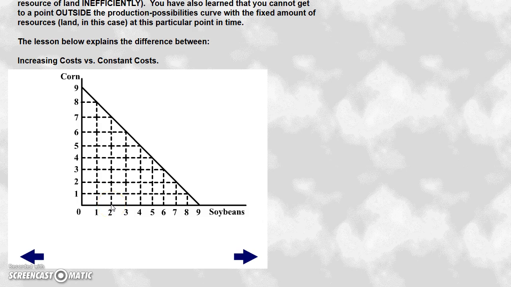So when you shift from 2 bushels of soybeans to 3, the opportunity cost is 1, because 7 minus 6. So again, it's easier to determine the comparative and absolute advantage when you're looking at a constant cost as opposed to an increasing cost.